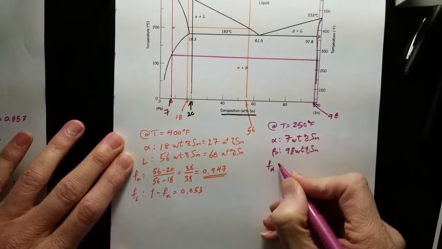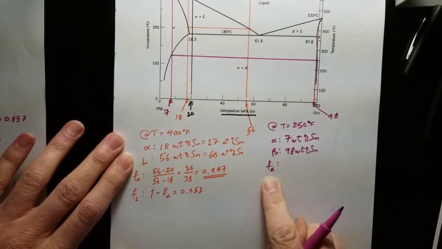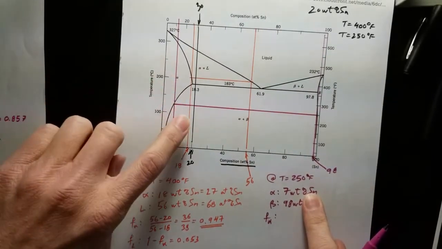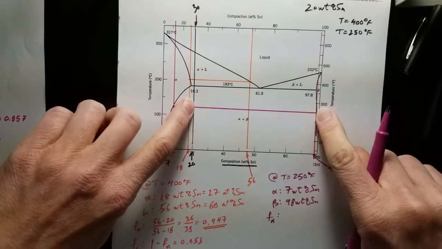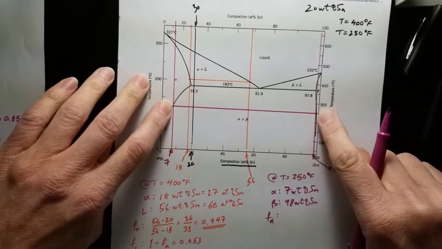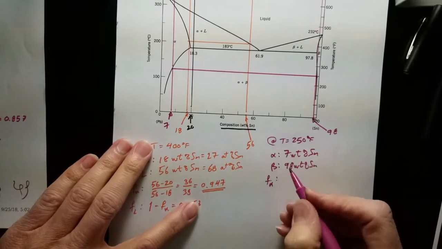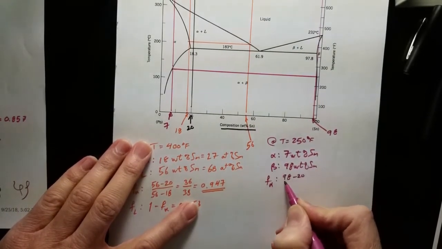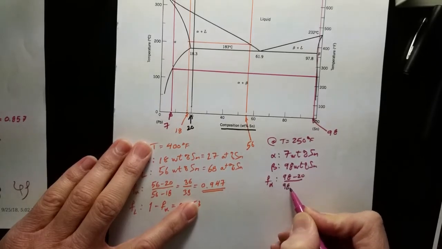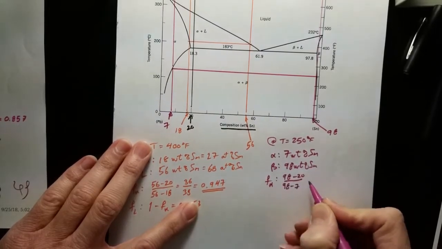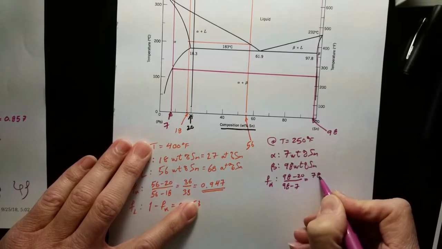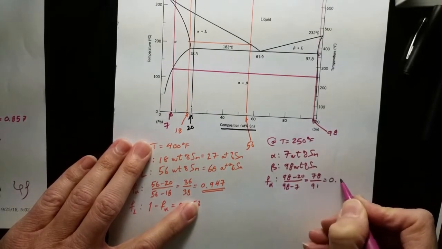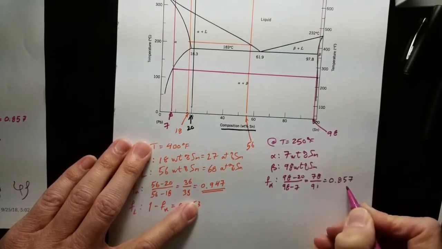The phase fraction of alpha, so that's alpha over here. So we take this portion of the tie line and divide it by the total length. So we get 98 minus 20 divided by 98 minus 7, which is 78 divided by 91, which is 0.857.